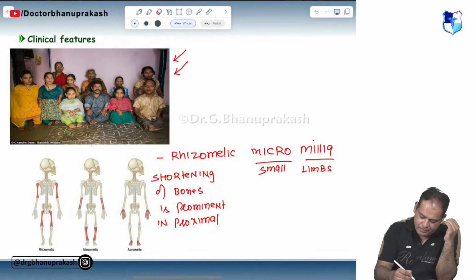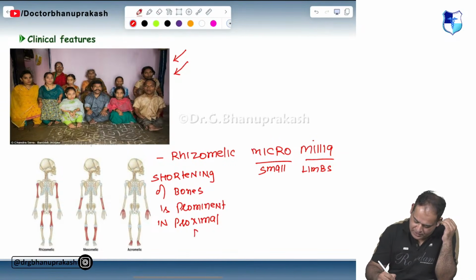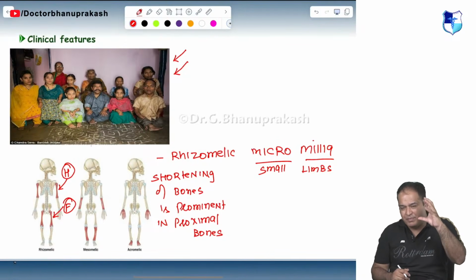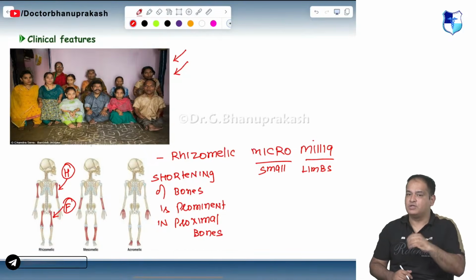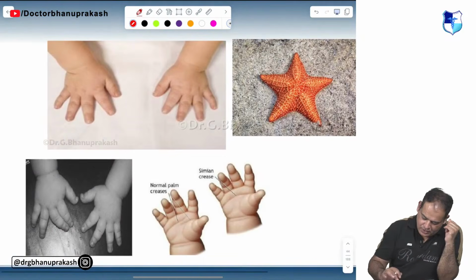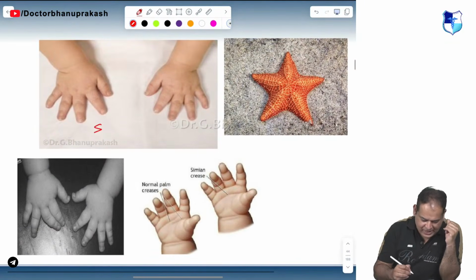So proximal bones, for example, humerus, femur, will be very, very small. Okay? Rhizomelic micromelia.